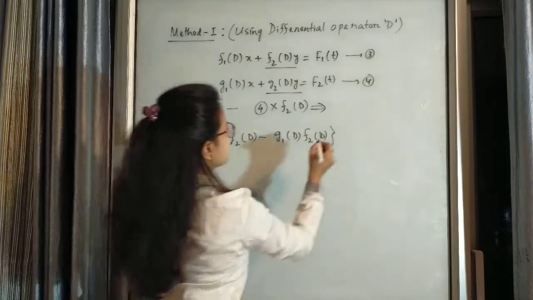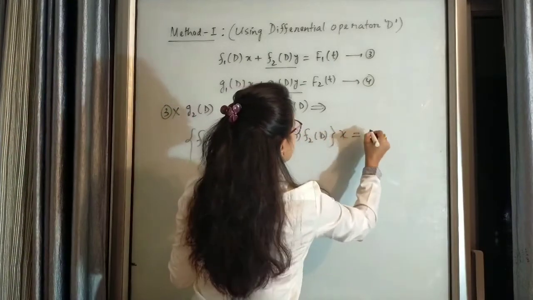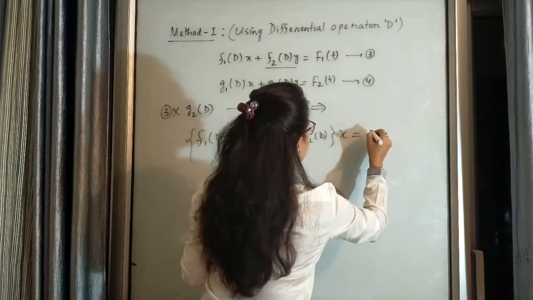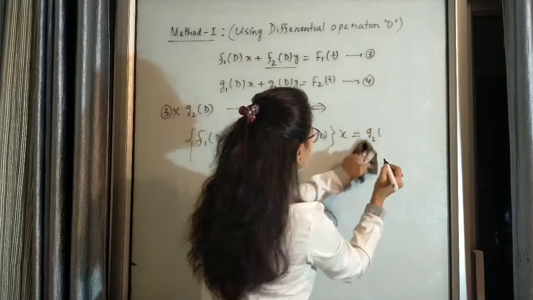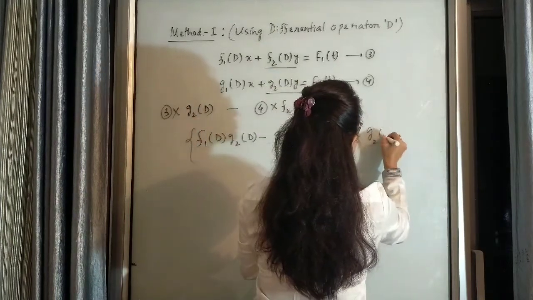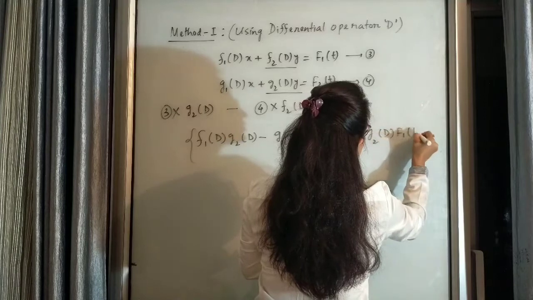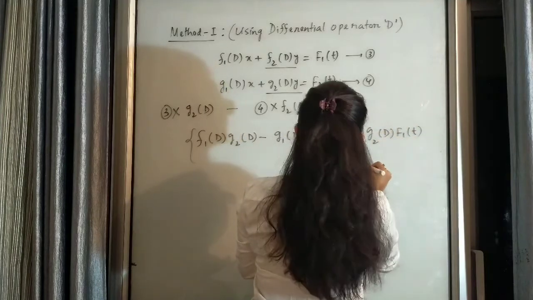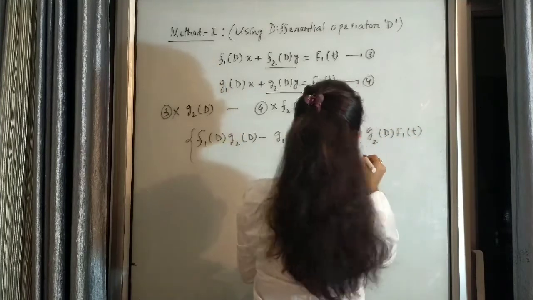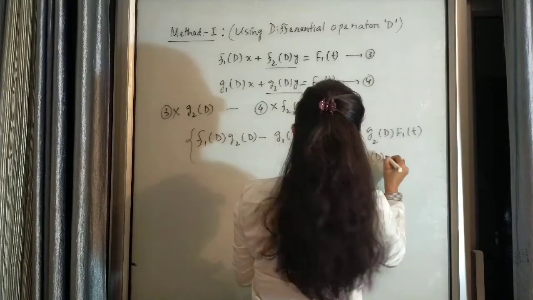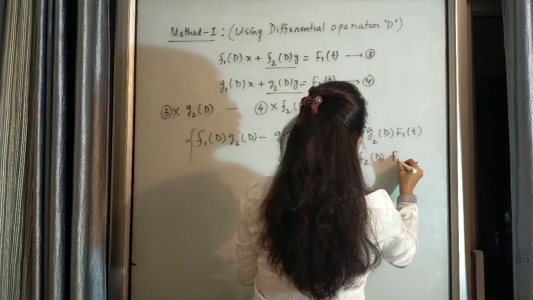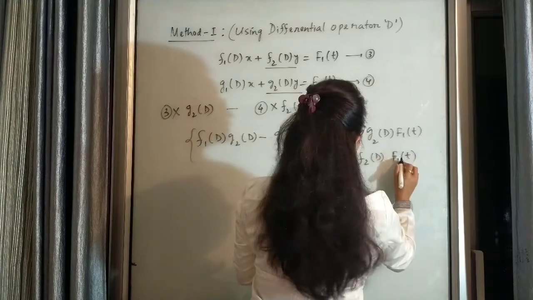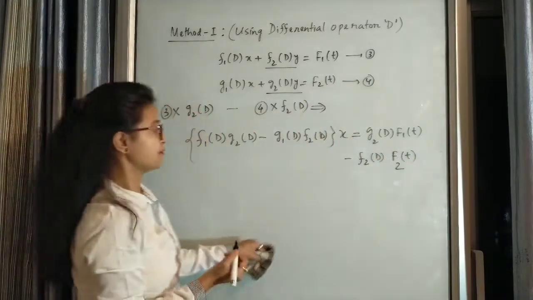Then y will be eliminated, only x will be there, and the right hand side will be this.